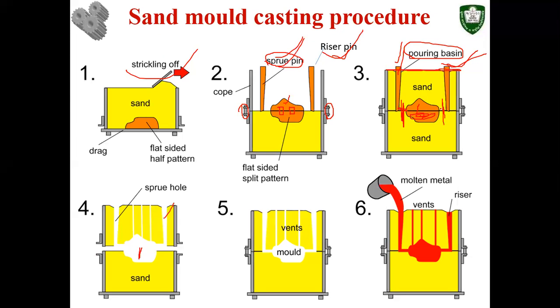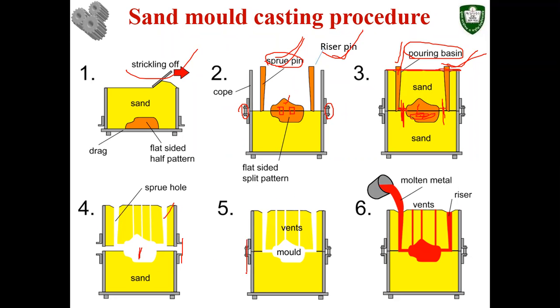There is no connection. So once you separate the drag and cope, then you need to take out the extra sand from here, so that the cavity is connected to the riser, and the cavity is also connected to the pouring sprue. Okay, once it is connected on both sides, then you put the drag and cope together again.